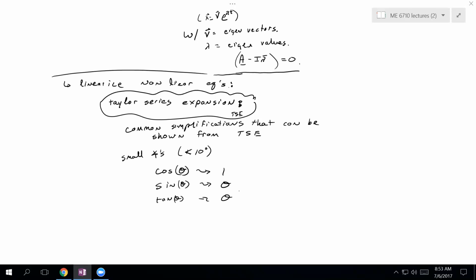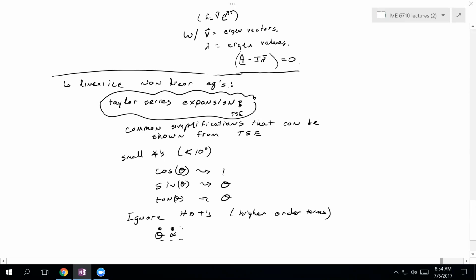Another common assumption is that we'll ignore higher order terms, HOTs. Some of those might be, if you have a derivative, a theta dot times an alpha dot, for example. Okay, so that's some velocity.